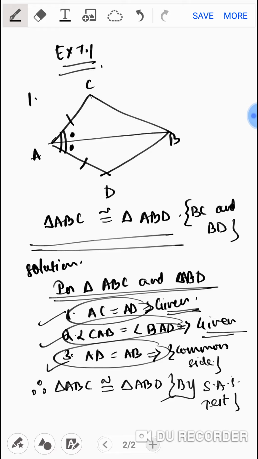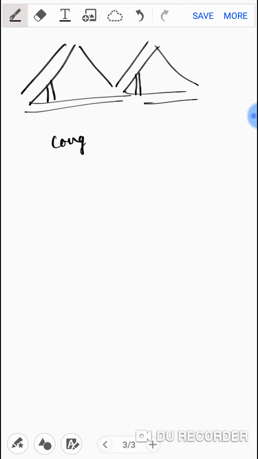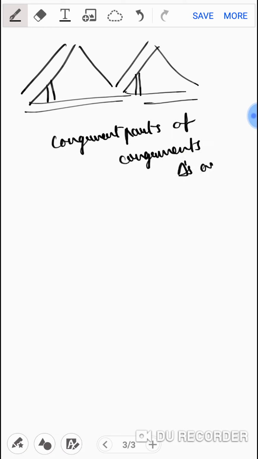Once the triangles are congruent, my dear kids, as we already know that if two triangles are congruent, we can take any two sides equal or any angle equal by writing CPCT, that is congruent parts of congruent triangles are equal. So once you make the two triangles equal, you can take any part.